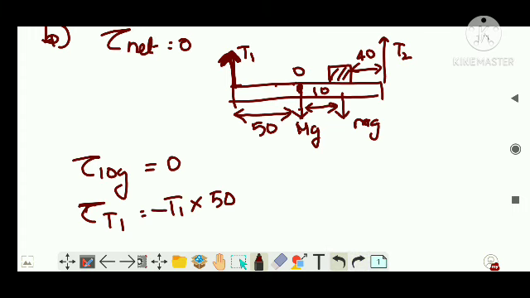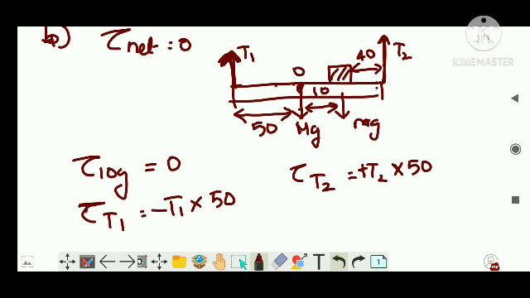Now torque due to T2. Again from here to here the distance is 50 centimeters, so T2 into 50. This much clear? The rotation due to T2 will move the rod in this direction, that is anti-clockwise, so it is plus.